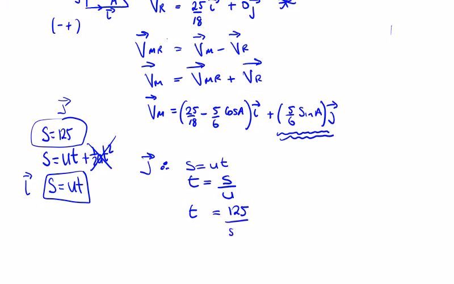So if I divide this by 5 sine alpha over 6, it's going to be 150 over sine alpha. So that's the time involved here.